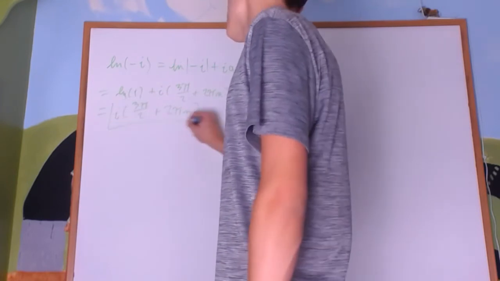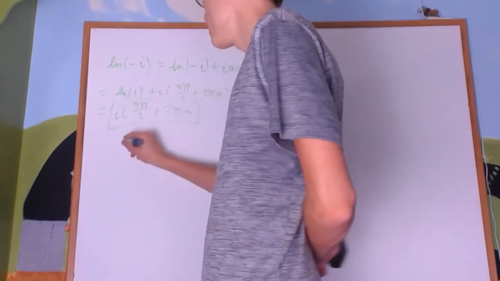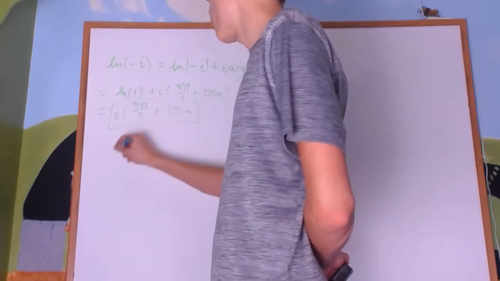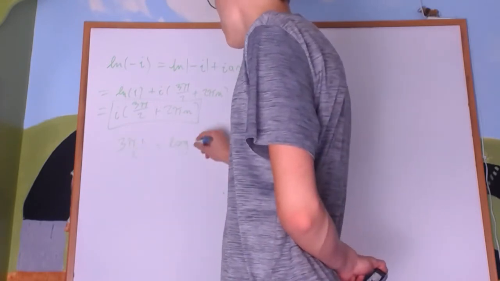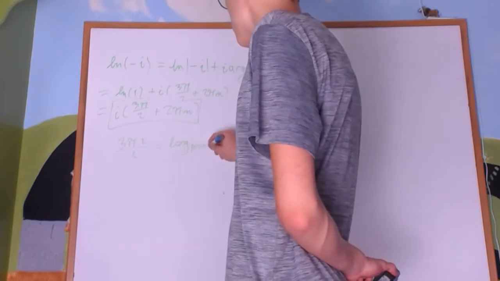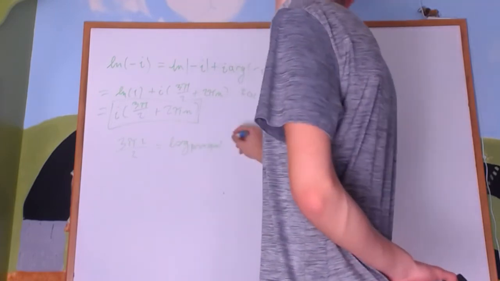So those are all the values for it. Really, you could say that the principal log of negative i is just 3 pi i over 2.